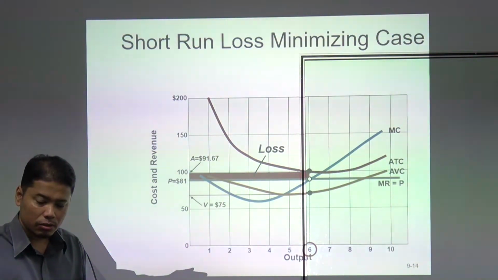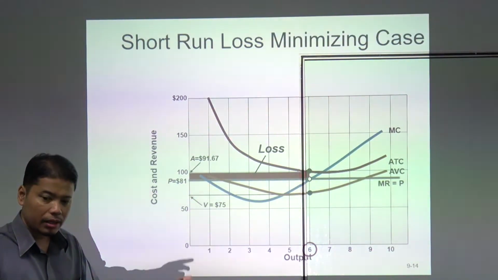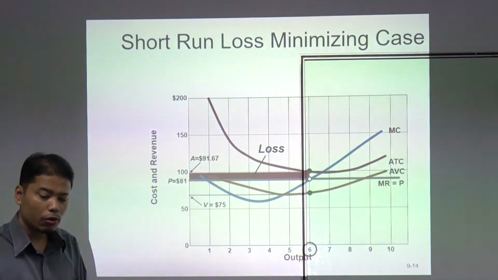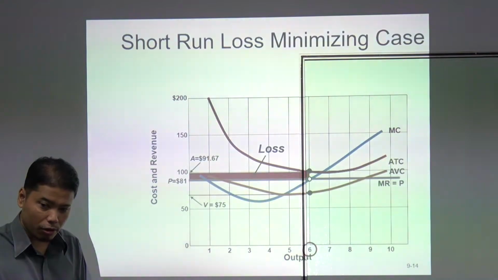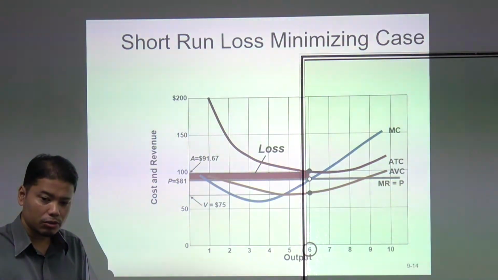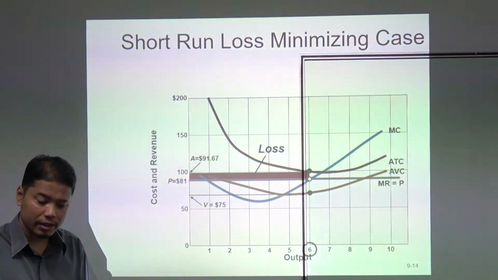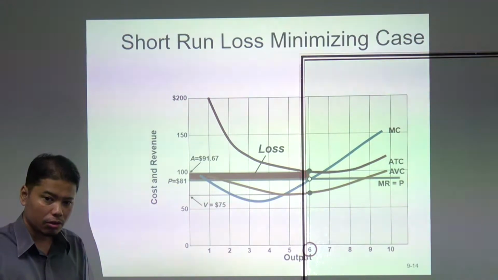So that is still a cost to the firm. When the firm closes down, they don't produce anything, so there's no revenue. Revenue is zero, but cost is 100. So the total loss if the firm closes down will be 0 minus 100, which is $100 of total loss.